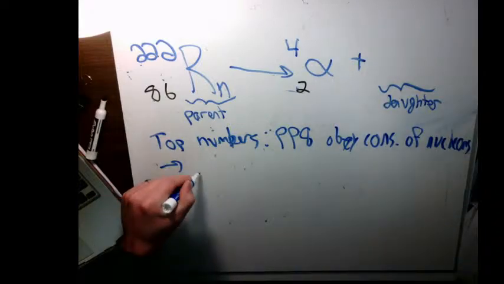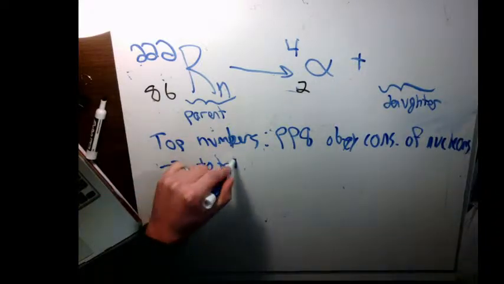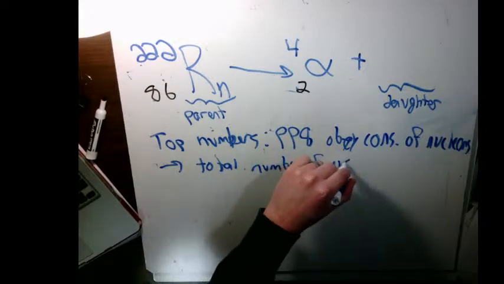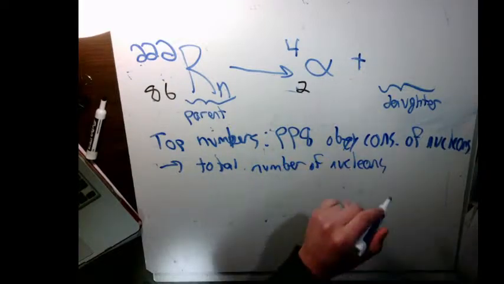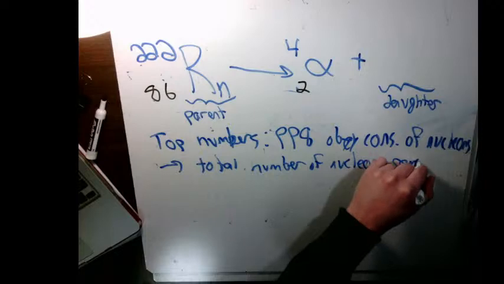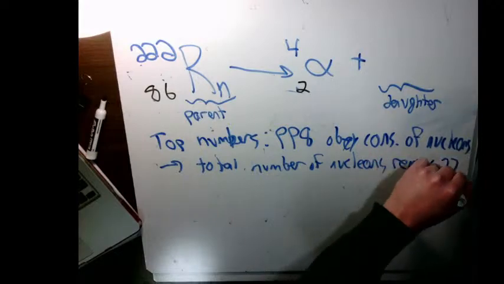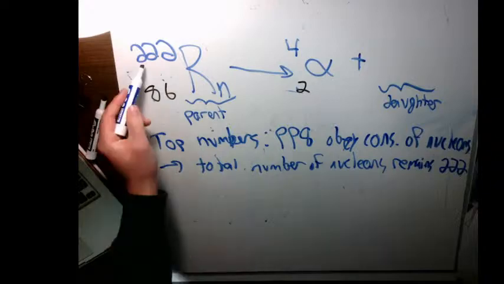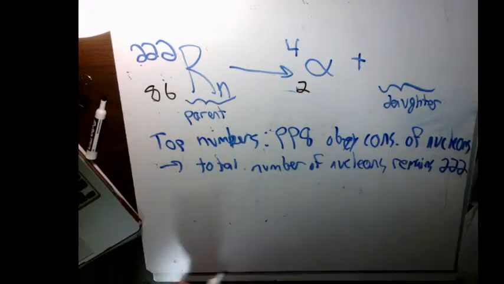So that means the total number of nucleons remains 222. Okay, so we have 222 on this side. We need to have 222 on this side.